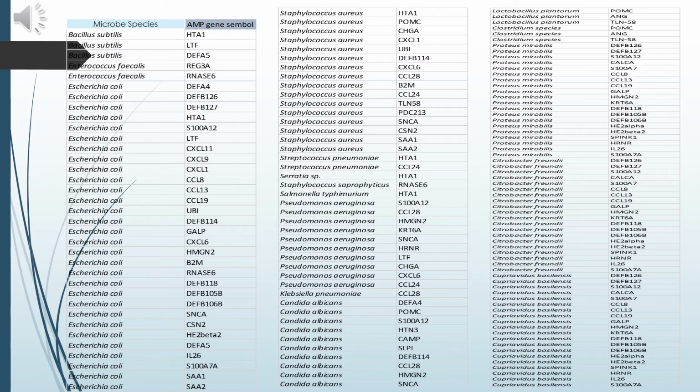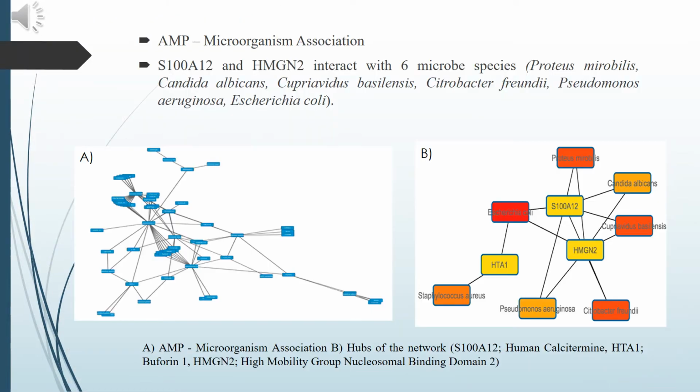Here you can see the association of the antimicrobial peptides and microbe species that were obtained using two of the databases that I have mentioned before. In this slide, you can see the visualization of antimicrobial peptide-microorganism association.